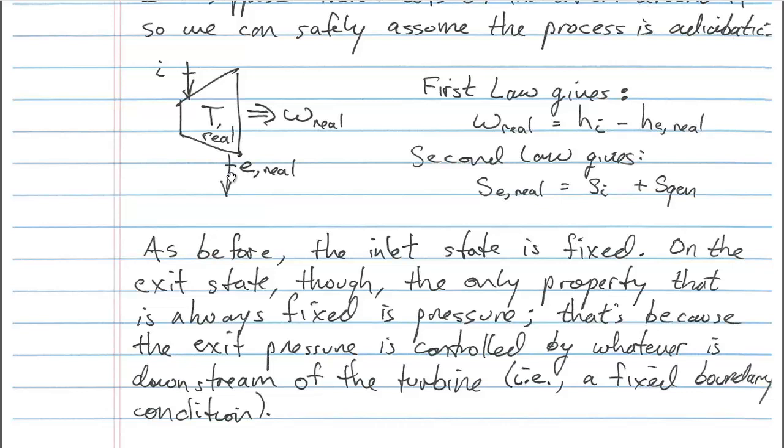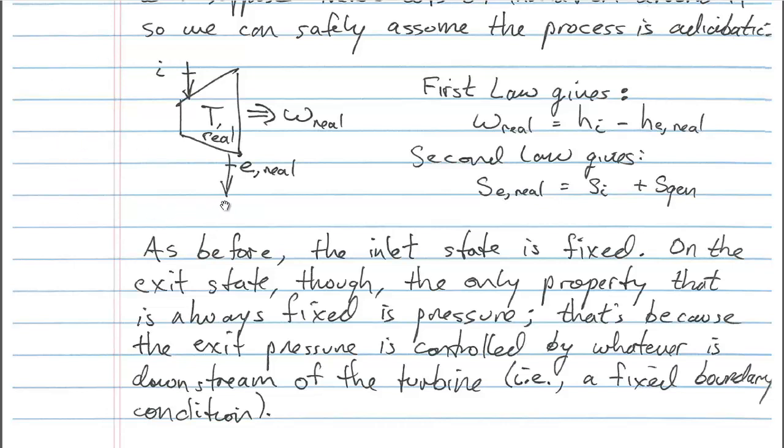Let's suppose instead that there was, for example, a condenser downstream of the turbine, and then let's suppose that there was a pump on the other side of the condenser. Well, that pump is pulling a vacuum through the system as it draws the substance into the pump and pressurizes it back into the boiler.